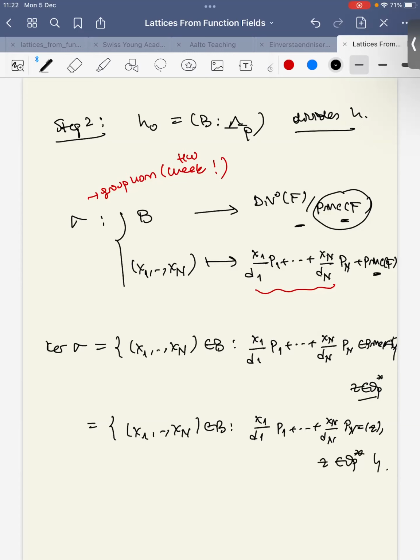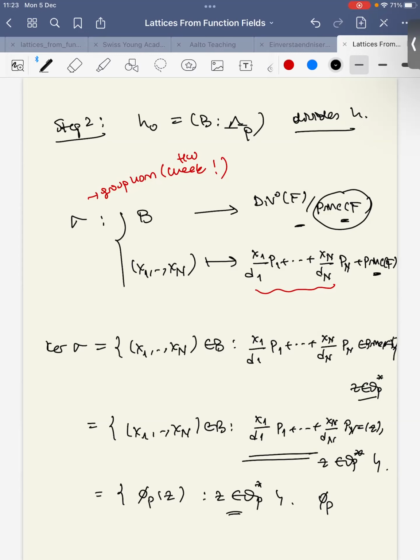And this is indeed the image of any function in OP star, because when you look at the image of such principal divisors under Pi, what you can see is the valuation of P1 over degree P1.